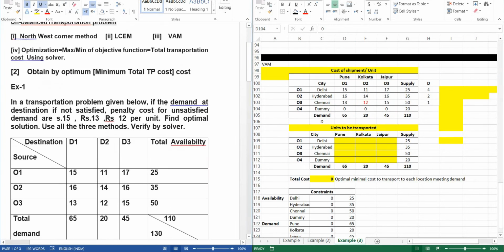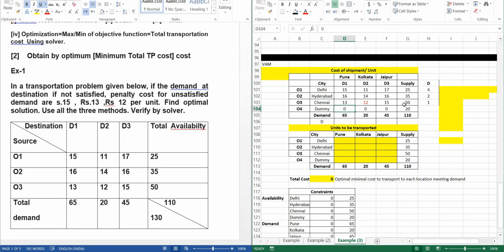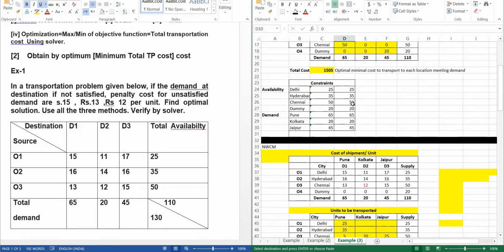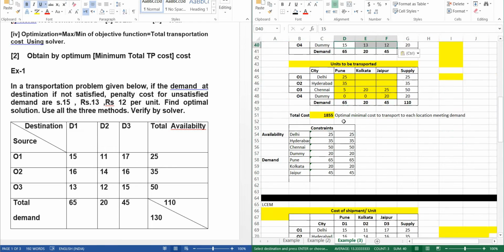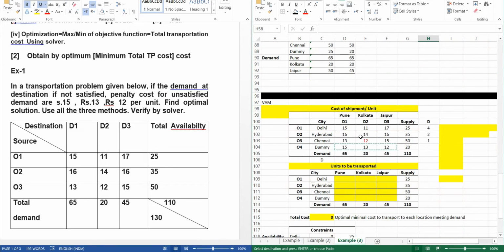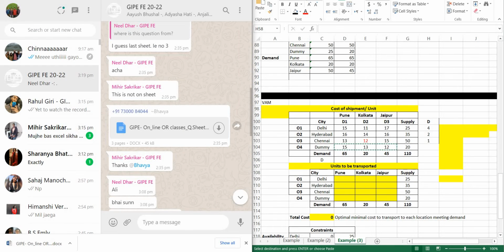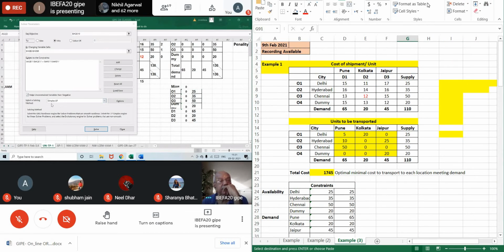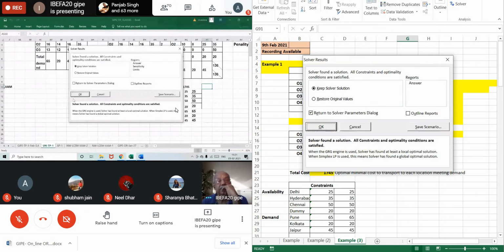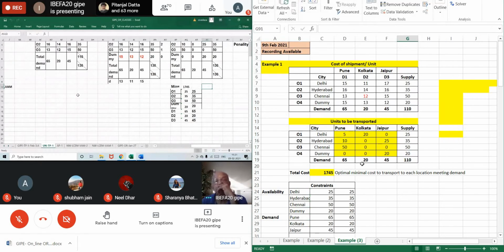One minute. Data, Solver, cell minimum, change the variable cells, constraints add, equal to. $1745.